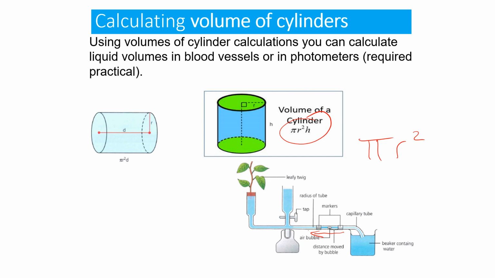The radius is half of the diameter. So let's say you had a 1 millimeter diameter, you would be doing pi times 0.5 squared, and then you times that by the height or the distance moved. So if it traveled 10 centimeters, you would replace that with 10. And that is how you would calculate the rate of transpiration in a potometer.